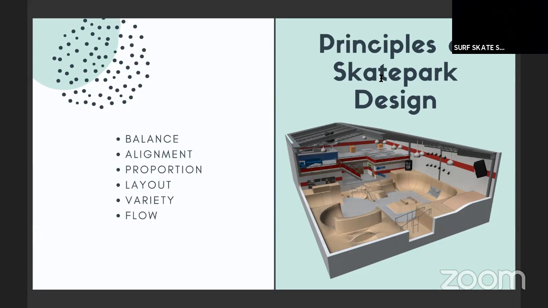Flow is the ability to skate all the ramps in one run, one go around, while not crossing too many paths of other skaters going in an opposite direction. Flow is important because it makes the skate park a lot more fun for the skater, and it also helps you avoid collision.